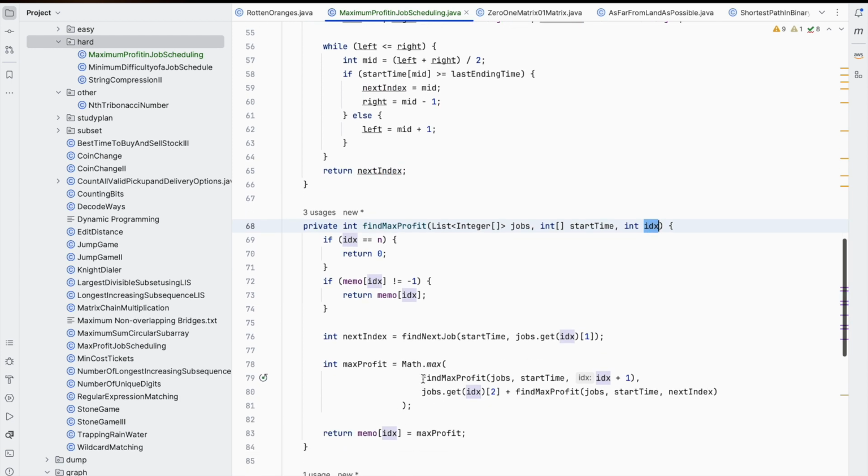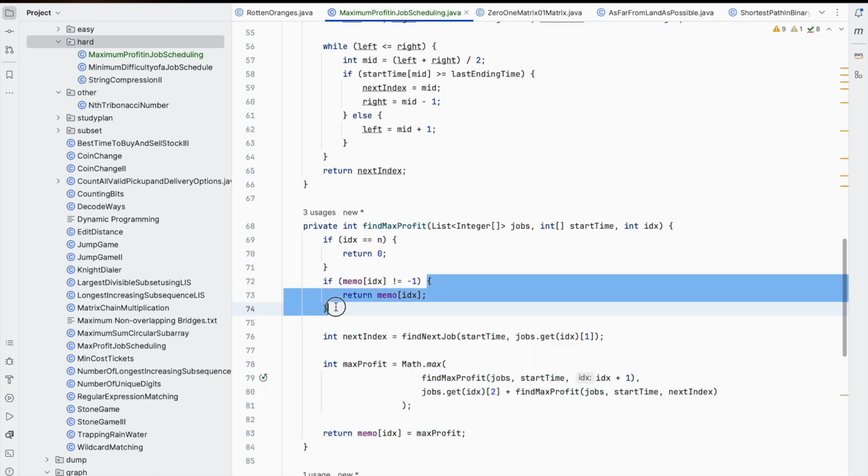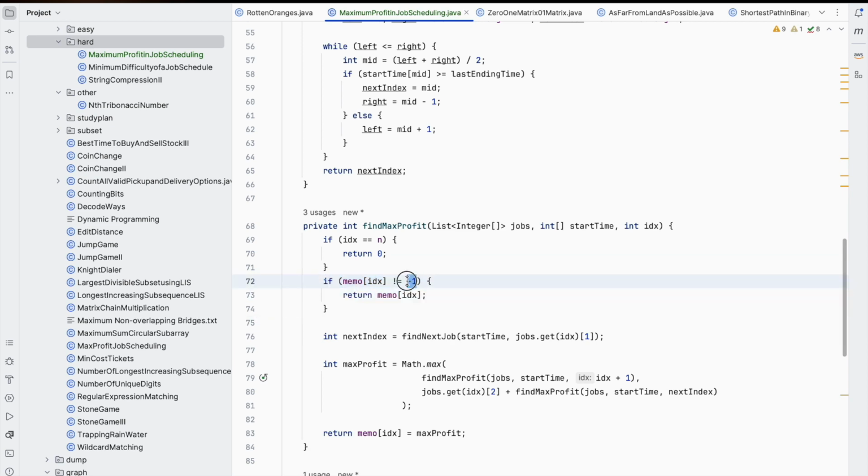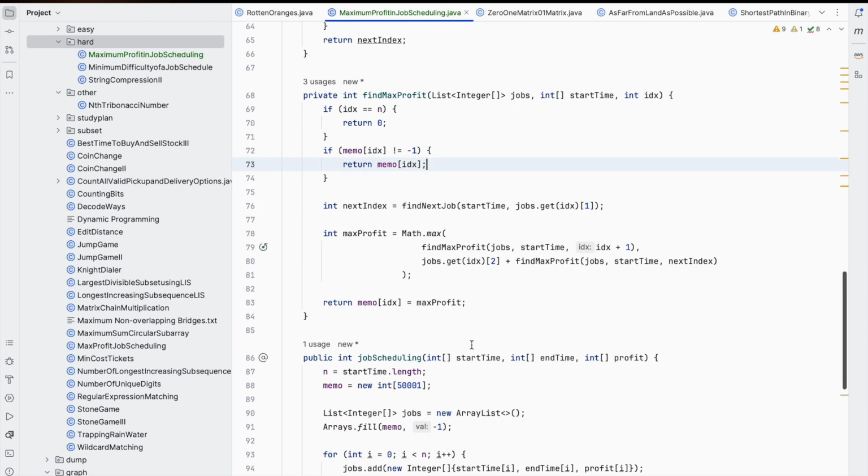Okay, now these are the two main conditions. The maximum of these two values will be our answer for this idx job that we are memorizing and returning. Before processing, we are also checking whether we have previously calculated it or not. I'm initializing with -1 because 0 can be our answer.